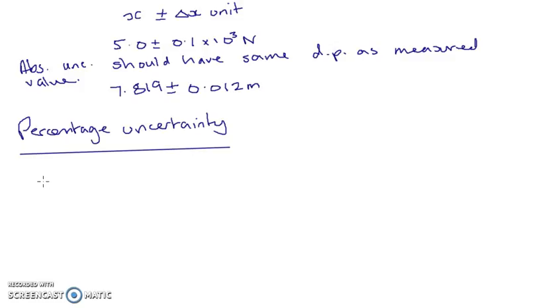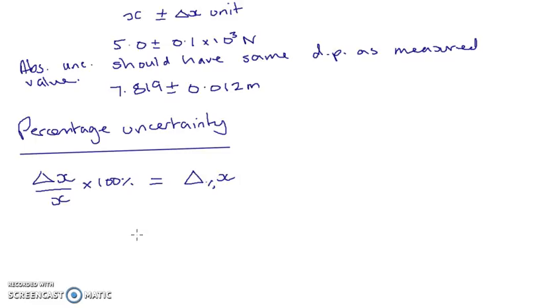So to calculate a percentage uncertainty, we find out what fraction of our value our uncertainty is. We can leave it as a fractional uncertainty, but what we tend to do is times it by 100% to find out what the percentage uncertainty is. Now, what I'm going to do in terms of notation is I'm going to keep it as an uncertainty, but we're going to put a percentage sign down there. So that says to me the percentage uncertainty in x. Okay?